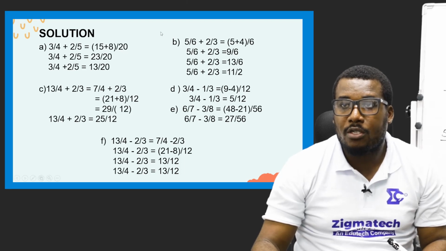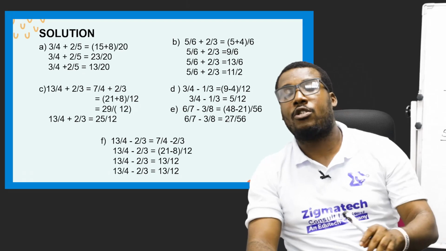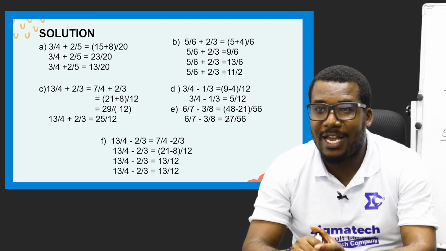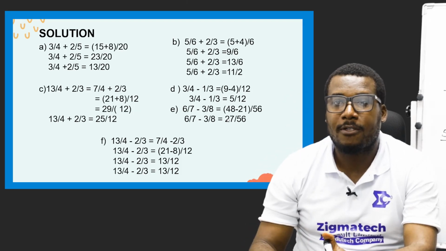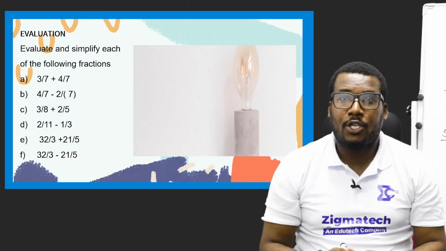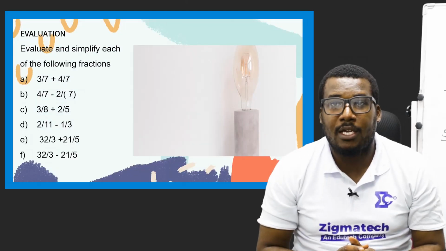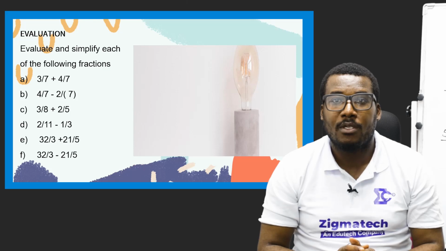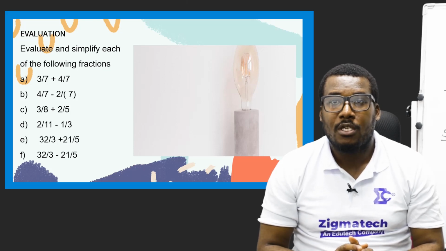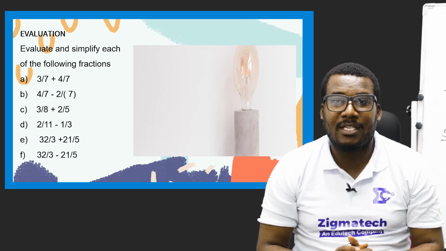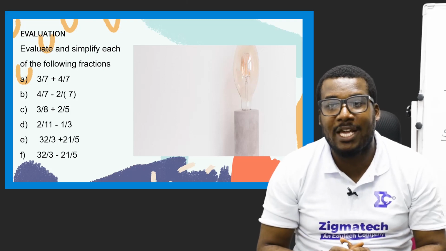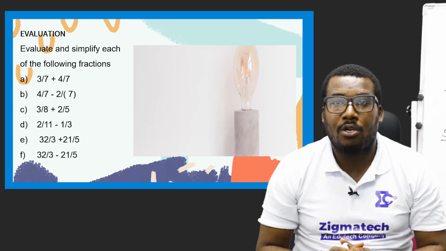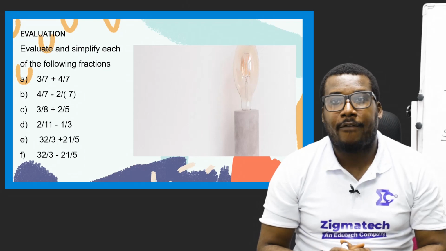Please do not make the mistakes. Focus on the first digit or solve it yourself so you can get the accurate answer. All right, so these are the following questions you will have to attempt while you're at home for your evaluation, to ensure that you practice and get familiar with addition and subtraction of fractions.